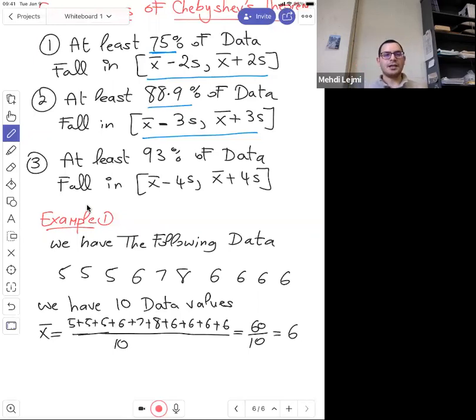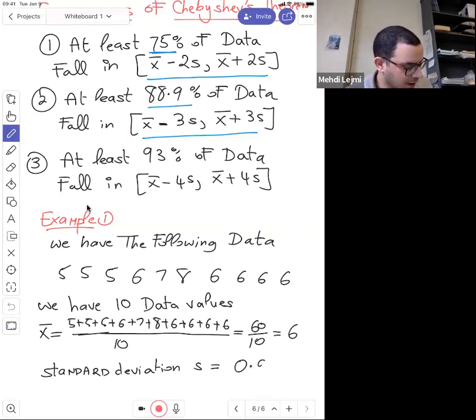Then we are supposed to compute s, the standard deviation, and we know how to compute it. It would take probably at least 5-10 minutes to compute here, but the answer for the standard deviation is 0.93.